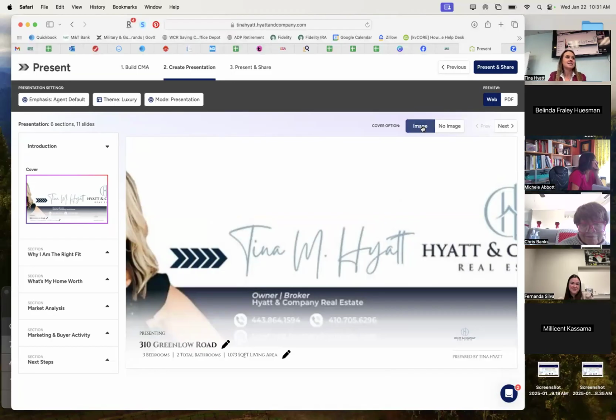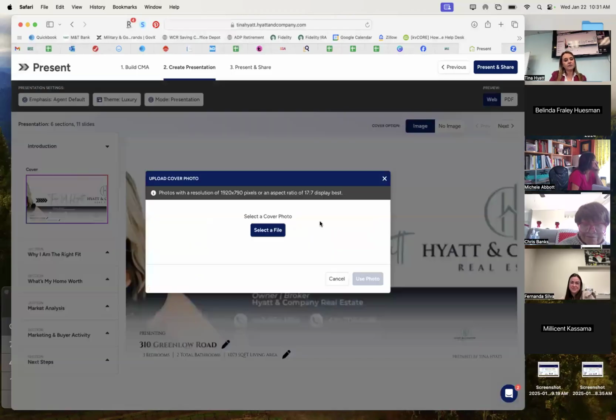So yeah, I think what you're going to have to do is, so here it is. This is why. I'd have to go back into Canva and change my size of my image to fit those pixels. So it's 1920 by 790, or an aspect ratio of 17:7.